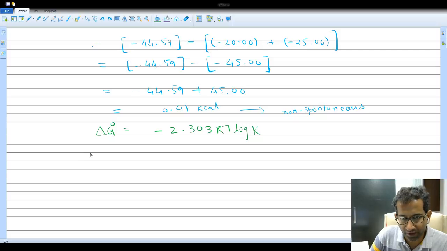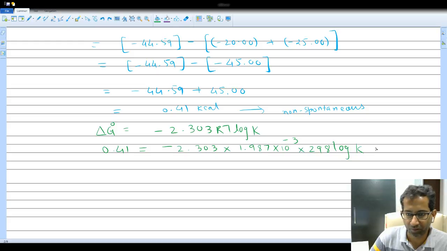Let's substitute the values. 0.41 equals minus 2.303. It is in kilocalorie, so R will be 1.987 into 10 raised to minus 3. Temperature is 298, log K.